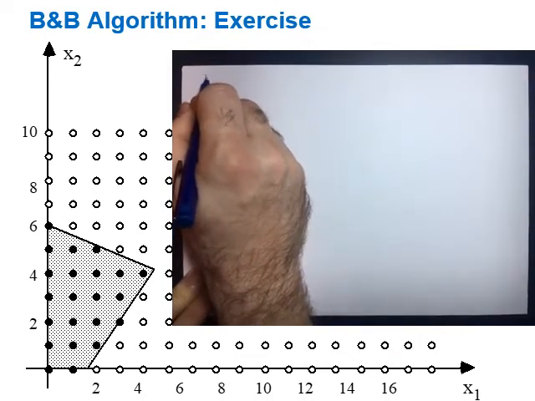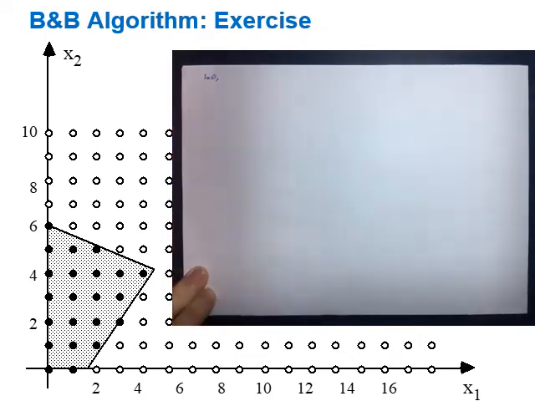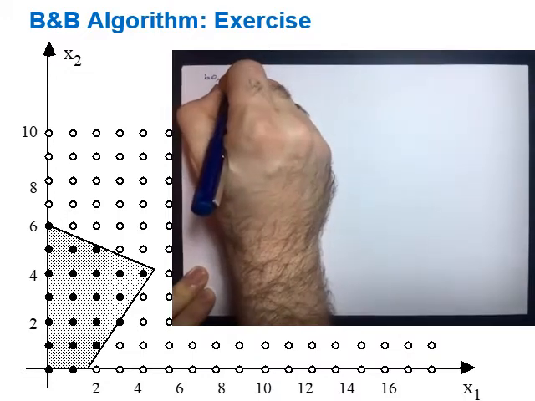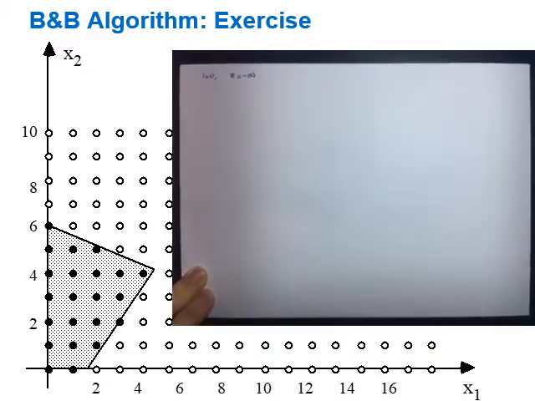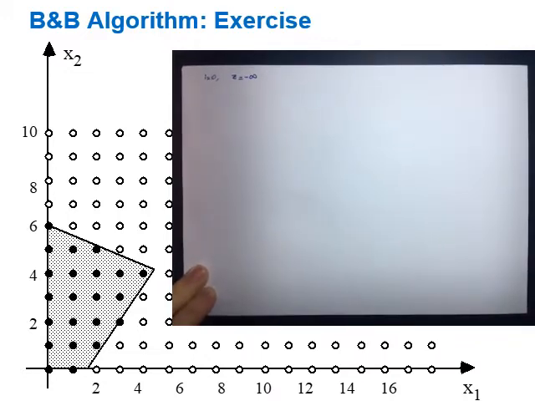And initially we will set our lower bound, the z value. Since this is a maximization problem, we will set its value to minus infinity. Okay, we start with i equals 0 and z equals minus infinity.